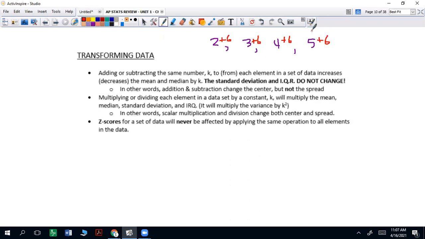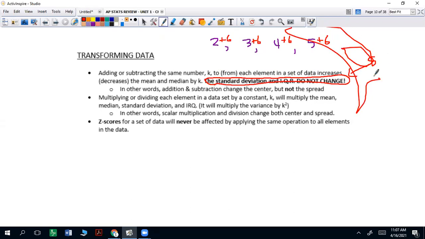It's going to change the mean by 6. It's going to change the median by 6. But what's not going to change is the standard deviation and the IQR, because remember, this is the spread, and the spread doesn't change.